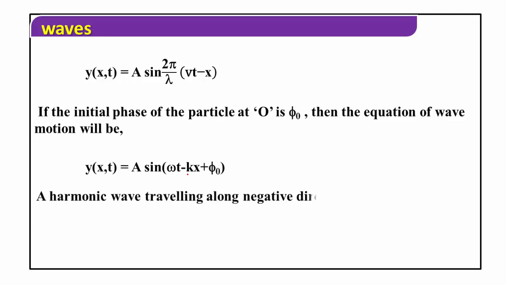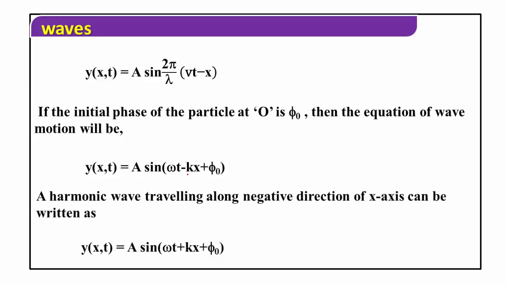Our harmonic wave is traveling along the negative x direction with omega t plus kx, and along the positive x direction with omega t minus kx.